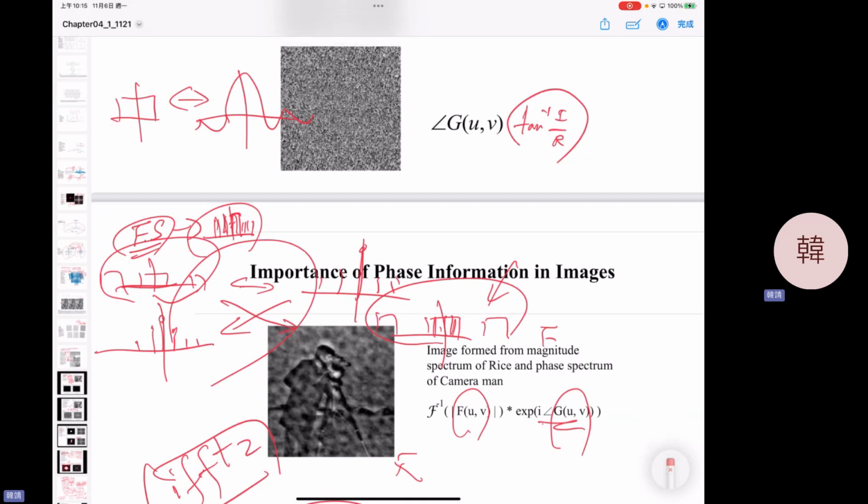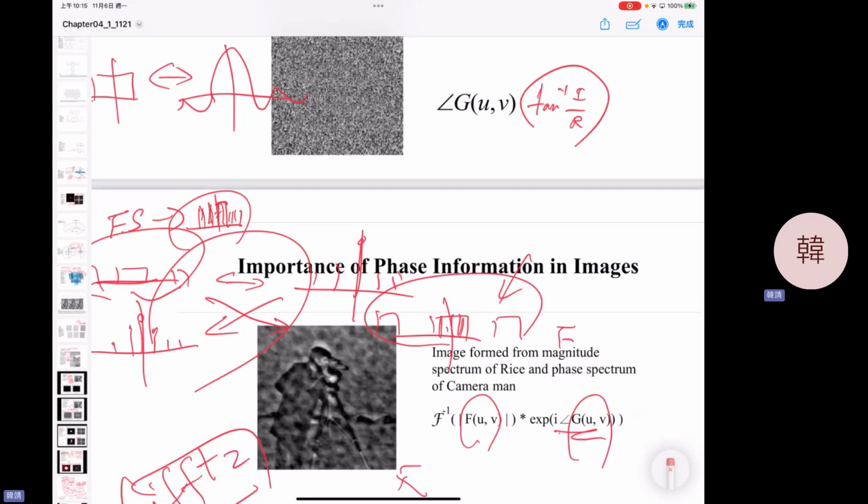So from the Fourier series, from the continuous Fourier transform, up to this discrete Fourier transform: it's a continuous spectrum, and then sampled, so it becomes an N-point discrete Fourier transform. It's all Fourier transform concepts.